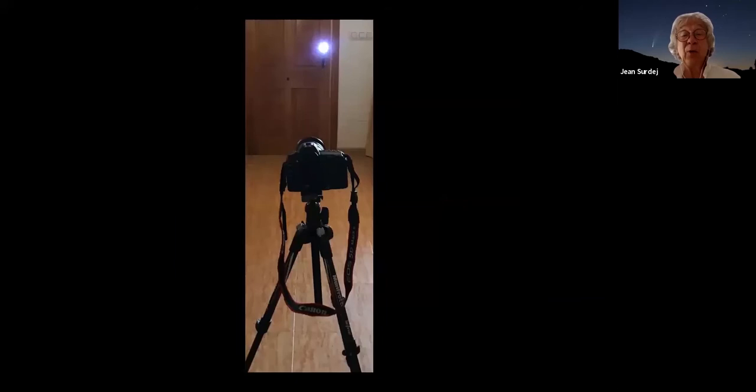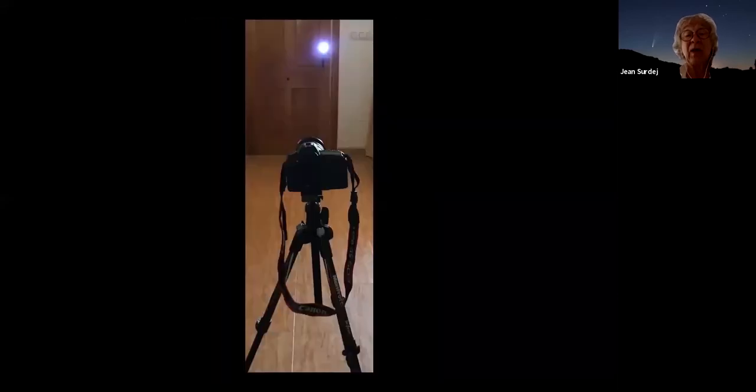Then here we set the camera at some distance. The distance is not too big because the room we were experimenting in is not a big one. The distance was 3.5 meters from the bright source of light. Now, first we removed the aperture and took, in the automatic mode, a direct image of the light source, so that we would have, with the autofocus, a good estimate of the distance.